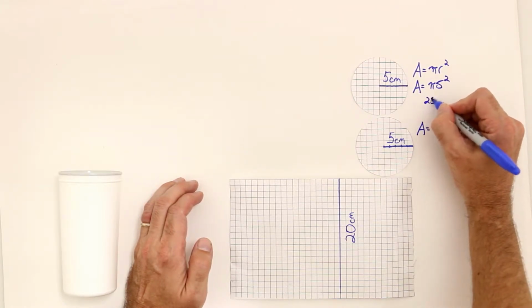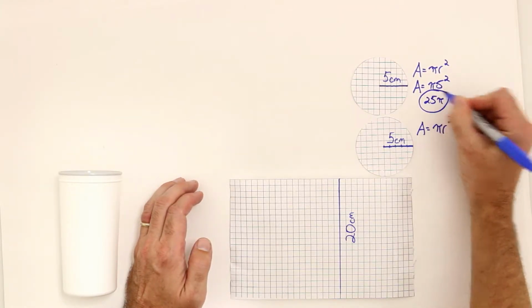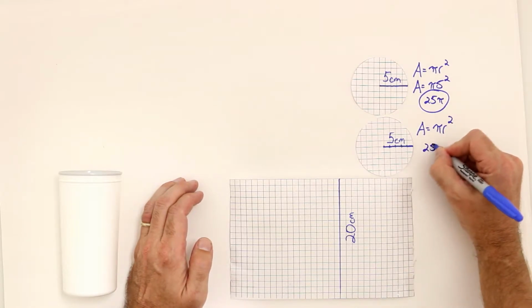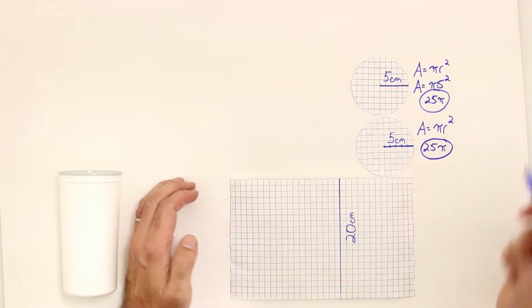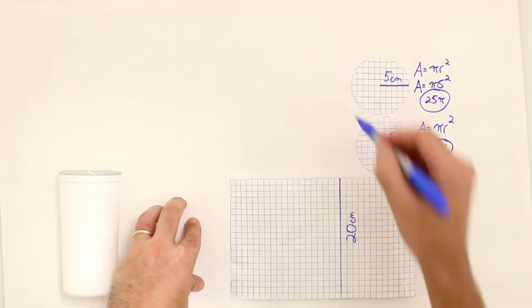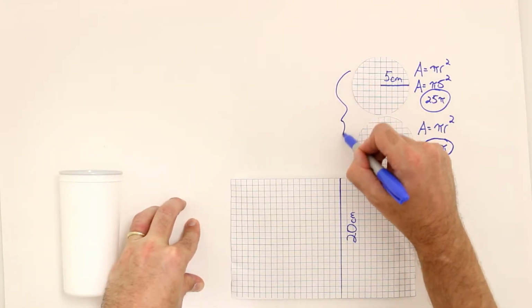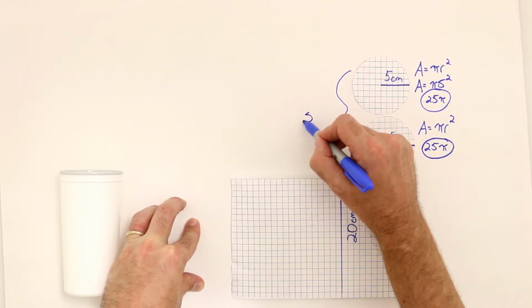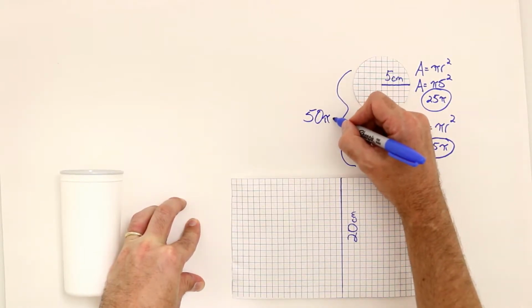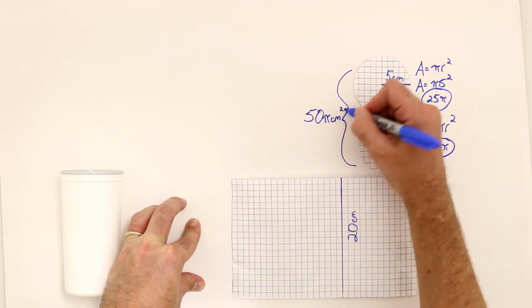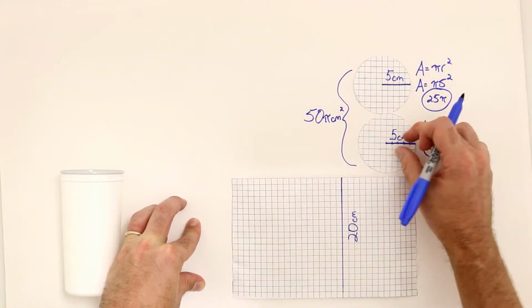You square the 5, you get 25 times pi. That's going to be the area of the top. The bottom's going to be exactly the same. It's also 25 times pi. So our total surface area of our bases is 2 times the 25 pi, which is 50 times pi, centimeters squared. That's how many squares there are.